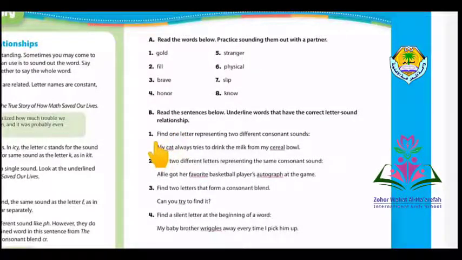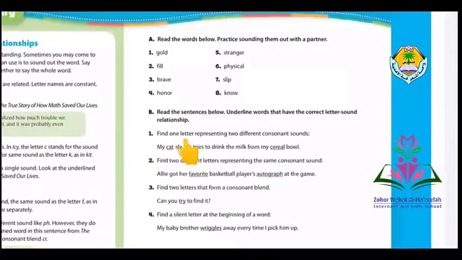So here, find one letter representing two different consonant sounds. That's number one. So you need to search for one letter that is represented in two different sounds. My cat always tries to drink the milk from my cereal bowl. Cereal bowl.